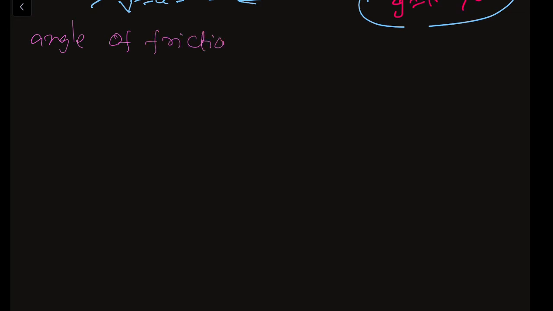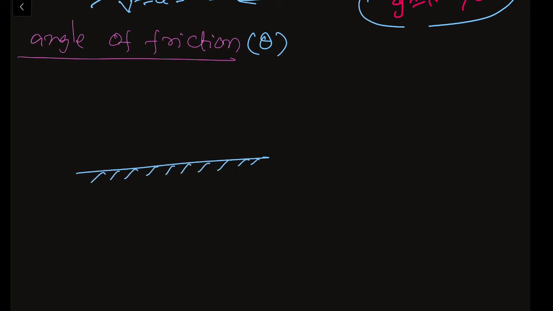Angle of friction, denoted theta. To explain this angle of friction, we need to take one horizontal surface with one object on it. According to the free body diagram, weight W equal to mg is acting downward, and the reaction force Rn is upward.